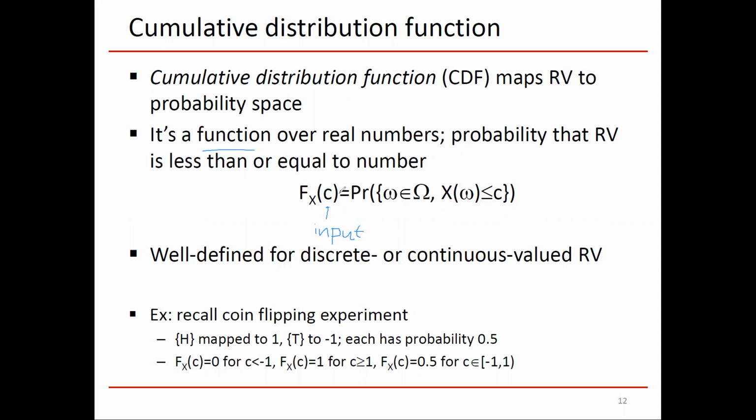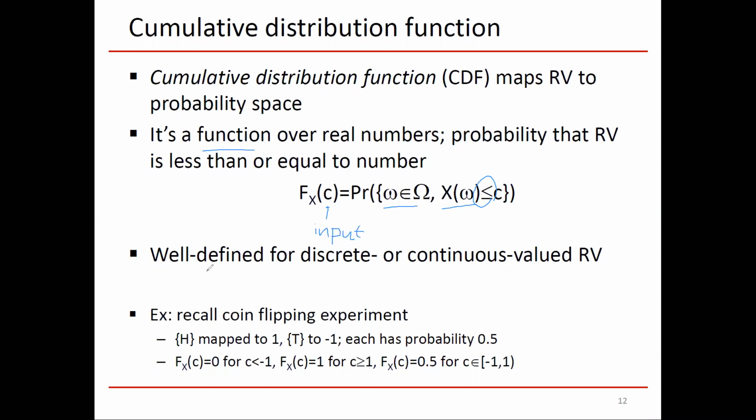And the output of the function is the probability of all the outcomes such that the random variable, which is a function of the specific outcome, lowercase omega, is less than or equal to C. For different C's, we're likely to have different probabilities, different CDFs. Now, this function is well defined for both discrete or continuous valued random variables.